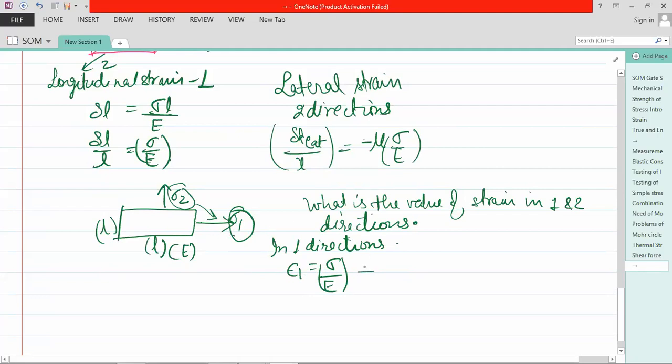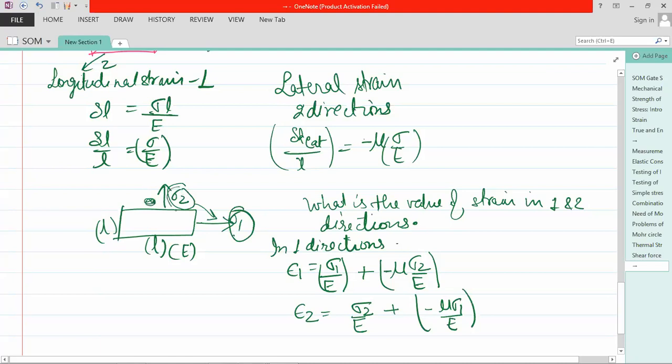That will add mu times sigma 2 by E, which is negative. Now in the second direction, epsilon 2 is equal to sigma 2 by E minus mu times sigma 1 by E. Because if we consider the strain in this direction, then this force will cause this component, and the force in this direction will cause this component.